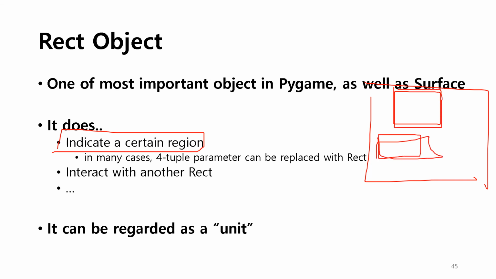It can be some obstacle or some event driver or something else. And several functions for interaction are supported. The famous example is collide. It can detect some collision between Rect and point. We will see in the next slide. Anyway, it can be regarded as a unit of Pygame.